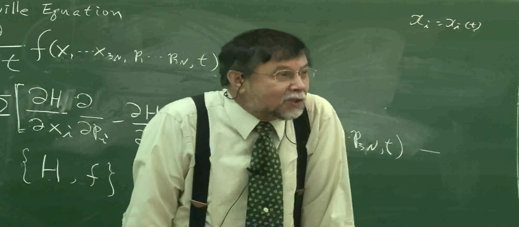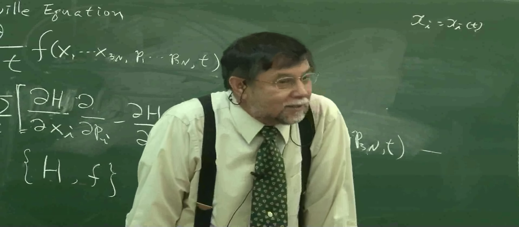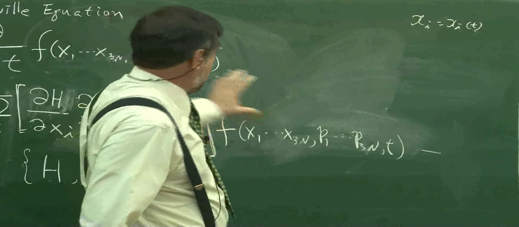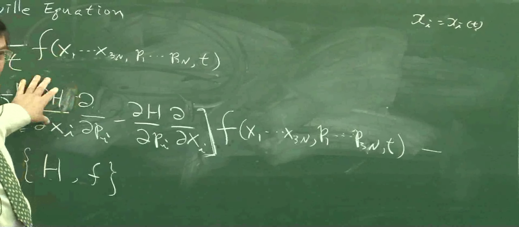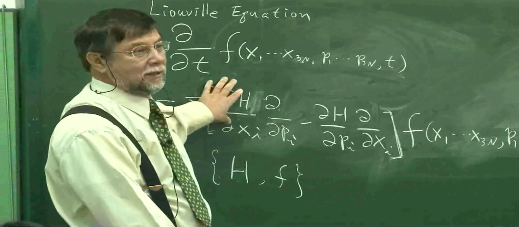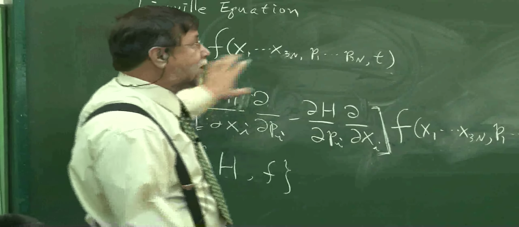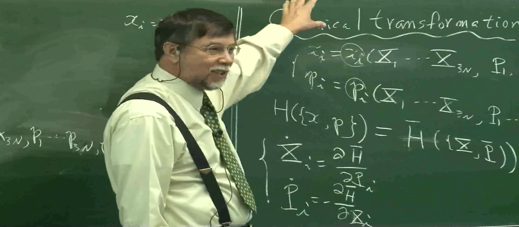It's not the evolution of a point. Therefore, this formulation in classical mechanics is much closer to quantum mechanics, the Schrödinger equation. Actually, that evolution is more like the Heisenberg equation of motion.